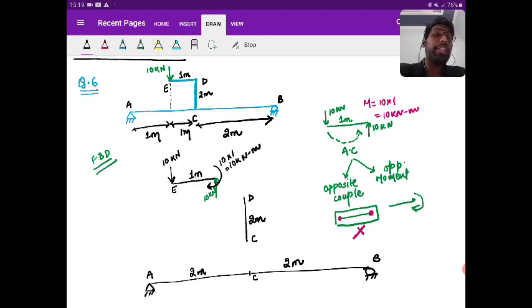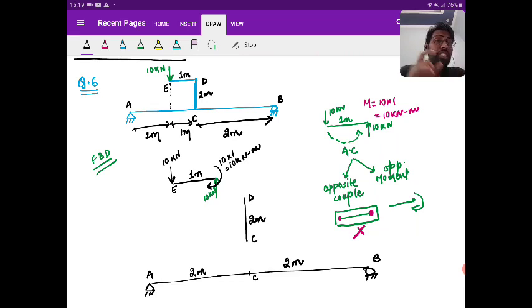So in order to balance the member ED, first of all, the 10 kilonewton downward will be balanced by the 10 kilonewton upward. That you have already seen. Yes, that you can see in the member ED.